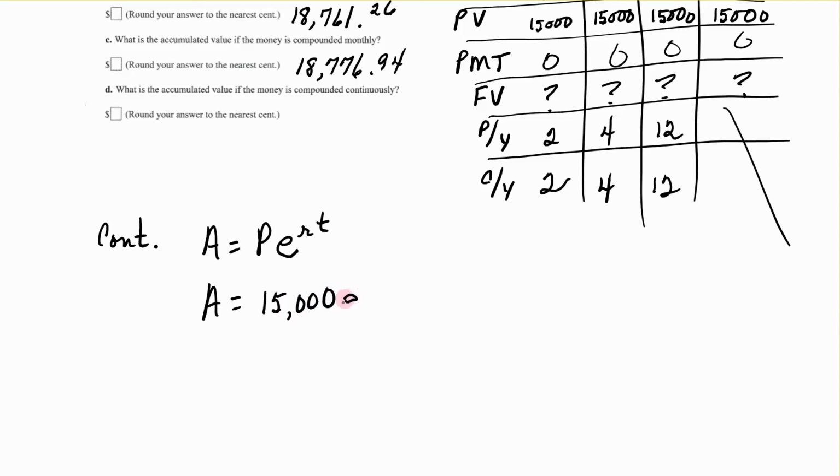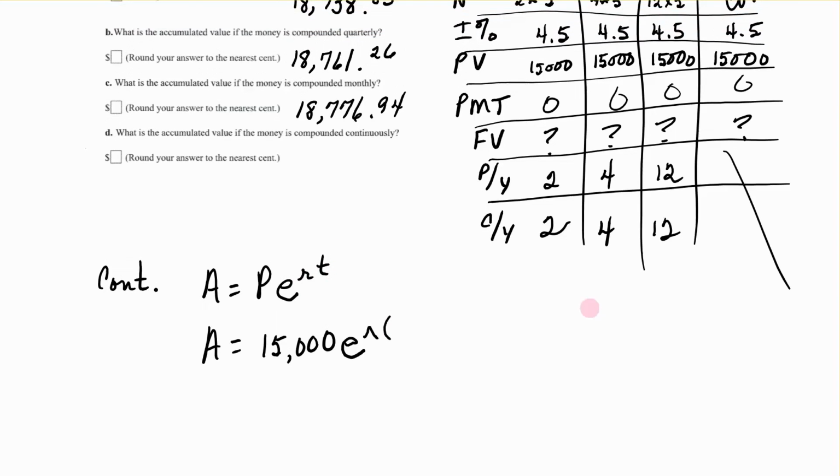Then we have e, an irrational number, about 2.7. We're going to raise it, and my notation for that is the caret sign. And it's very important that you put parentheses and multiply the rate times the time.